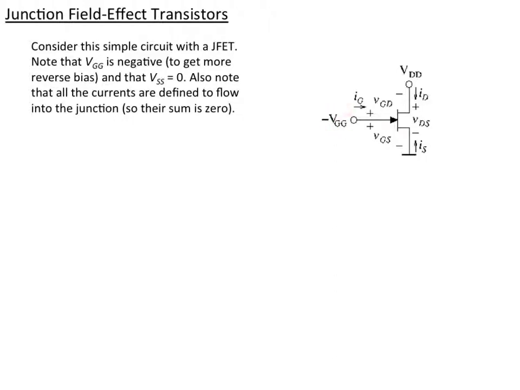VGG will be a negative value, which makes the gate reverse biased compared to ground, and then VDD. All the currents are defined going in, so their sum should be equal to 0, and the differences between the terminals are labeled in the normal way.